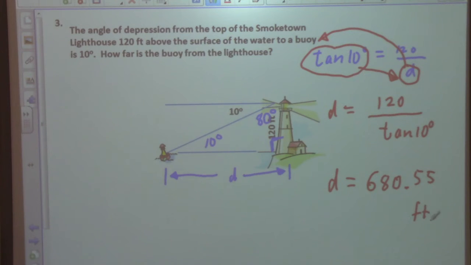I have an observation. Yeah, Will, what is your observation? I wasn't going to say she's wrong, but I look at it a little differently. Instead of the 10 degrees as your theta, you can use the 80 degrees as your theta, and have the 120 as your adjacent instead of your opposite.